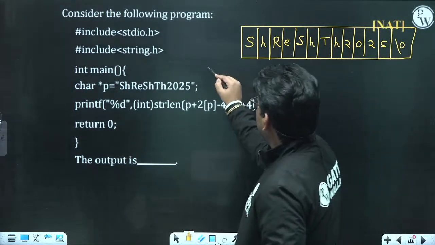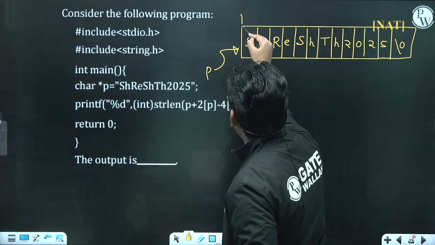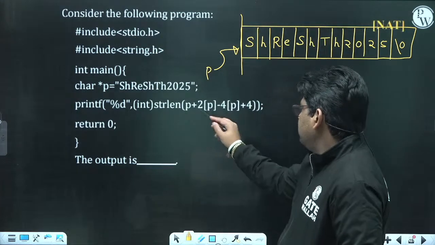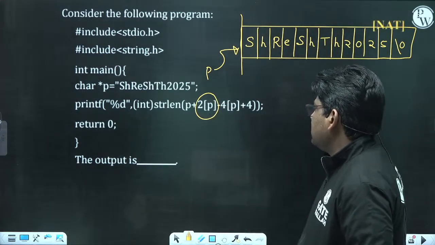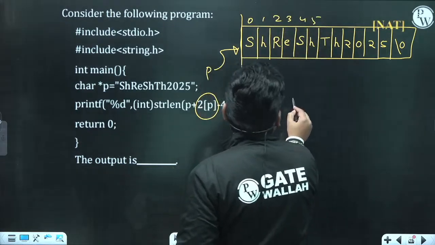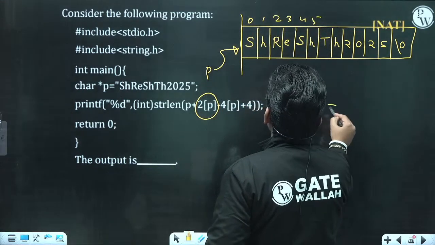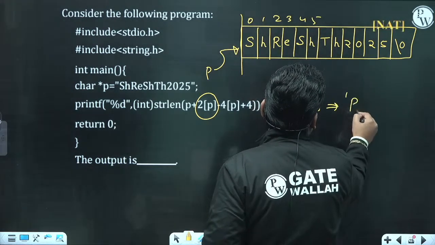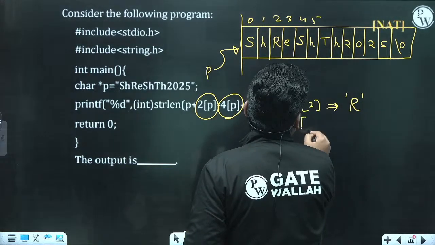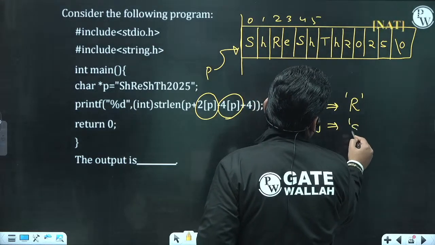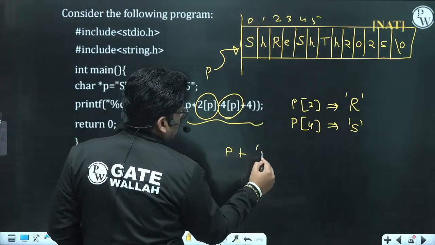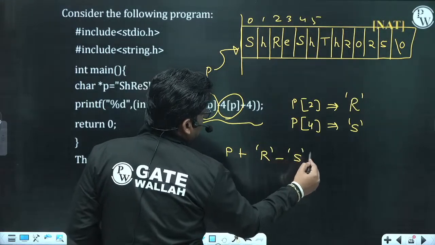P is pointing to the address of capital S. Now P plus 2 of P, we know it is the same as P of 2. If it is 0, 1, 2, 3, 4, 5, P of 2 is capital R. And P of 4 is nothing but capital S. So this whole statement becomes P plus R minus S plus 4.